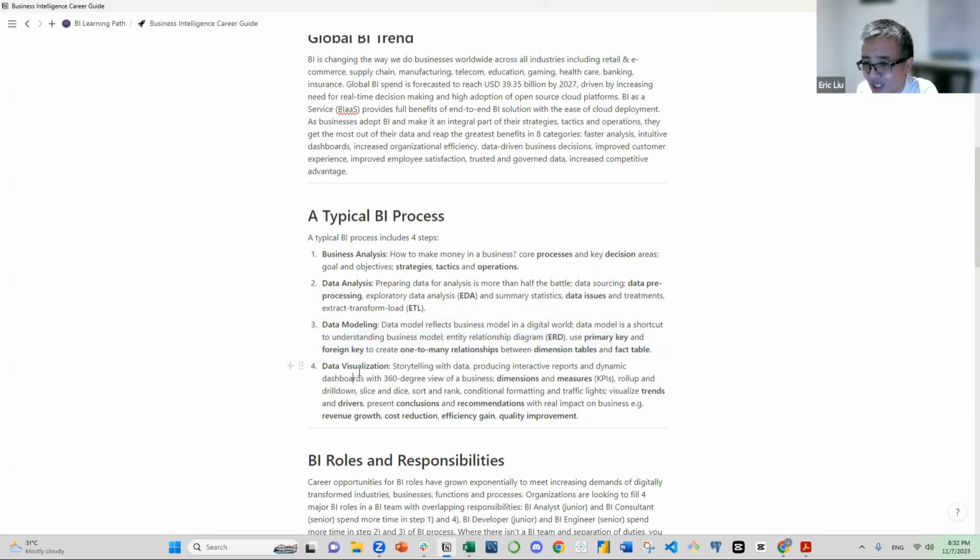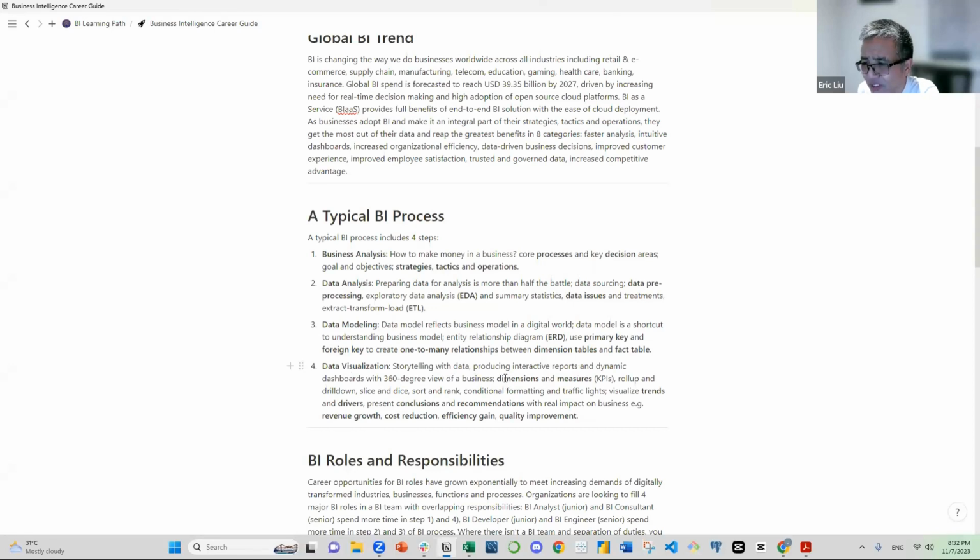So the last step is almost the highlight of this process. You take it to the next level, you create KPIs over here. Data visualization is about storytelling with data, and you produce dynamic interactive reports with a 360-degree view of the business.